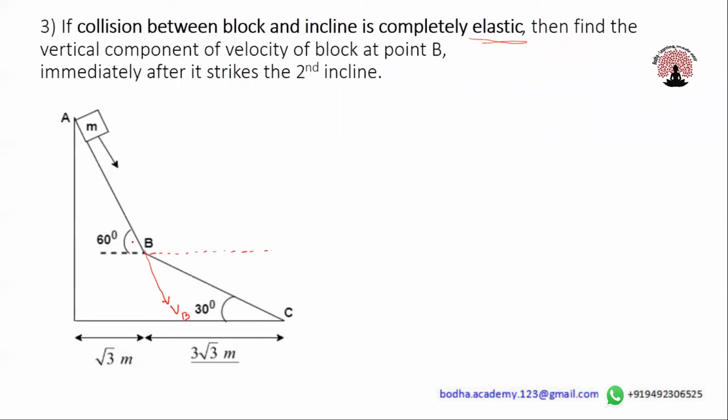Now this angle is 60, means again this angle will be 60 degrees. This is 30, means this is also 30 degrees. So this angle is also 30 degrees. 60 minus 30, that's also 30 degrees.